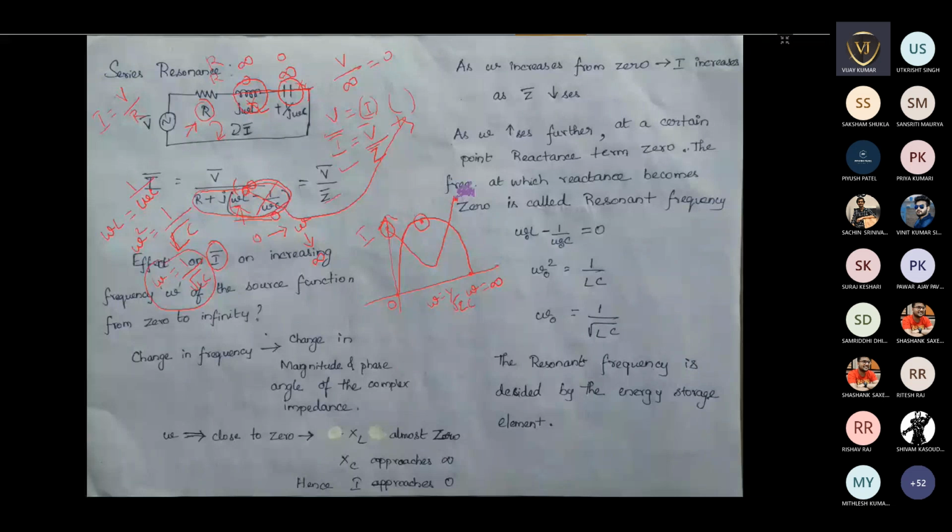Here also it is approaching infinite. The least impedance offered by that path, that is Z, here it is nothing but the R value. Z is equal to R. At all other times you get Z is equal to root of R square plus omega L minus 1 by omega C the whole square. So now the point is, during a resonant condition, you are offering a least resistance path.